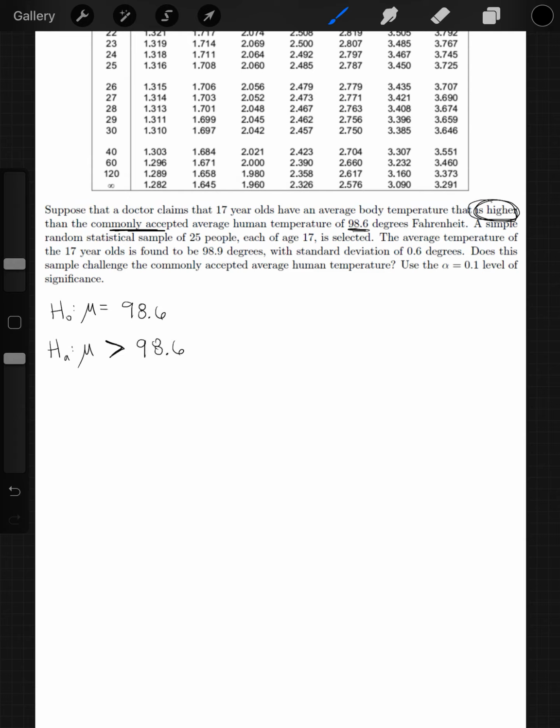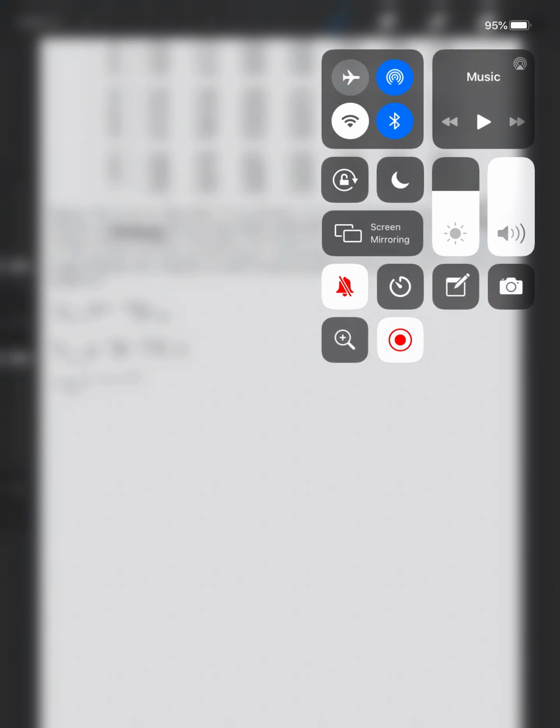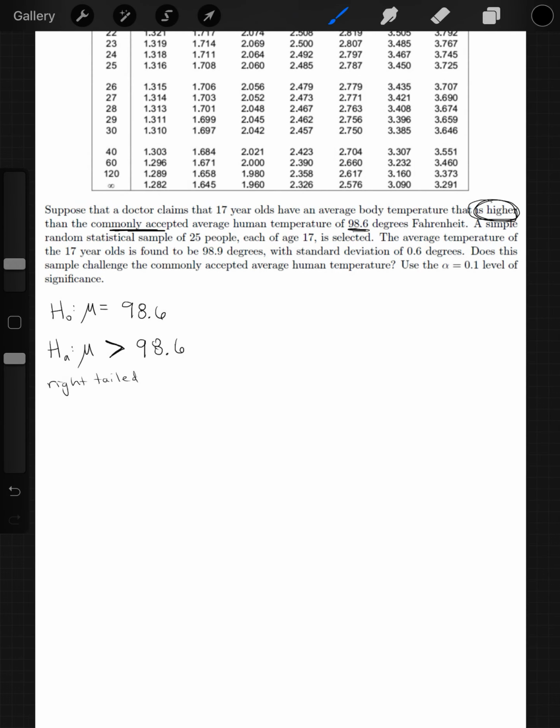So we've got our hypothesis all figured out. So this tells us it's going to be a right-tailed hypothesis test. We have a sample of 25 people.